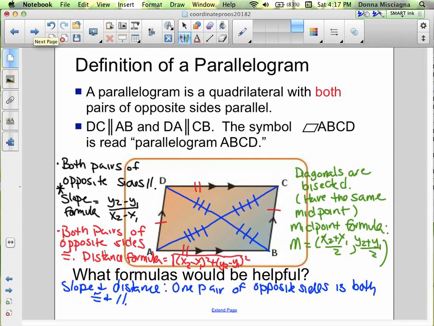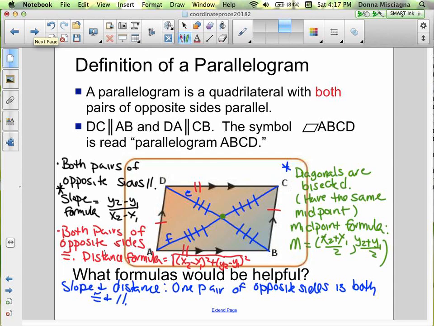Well, you show that they have the same midpoint. Let's call this one diagonal E, and let's call this diagonal F. So if diagonal E has this value as a midpoint, and diagonal F has this value as a midpoint, then they have the same midpoint. And if they have the same midpoint, the diagonals bisect each other.